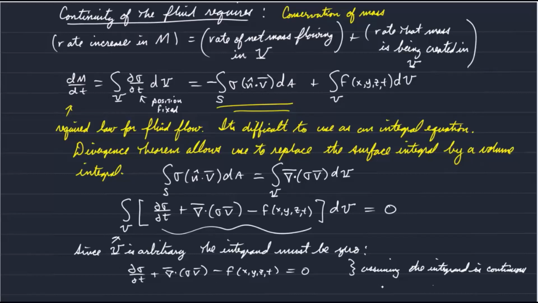And if it's continuous, then the adjacent points must also not equal 0. And if we define the adjacent points as our arbitrary volume, then the fact that they're not equal to 0 violates this equation. So that must mean that at every single point within this arbitrary volume, the integrand here must equal 0.